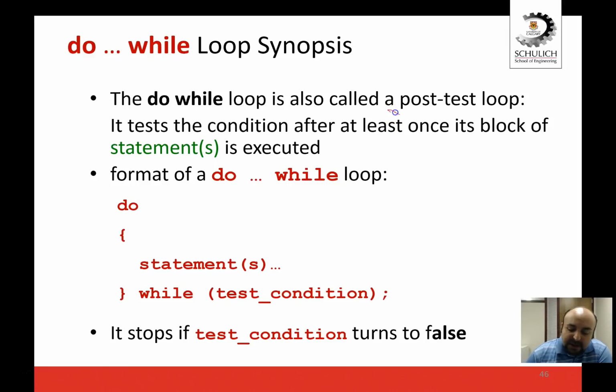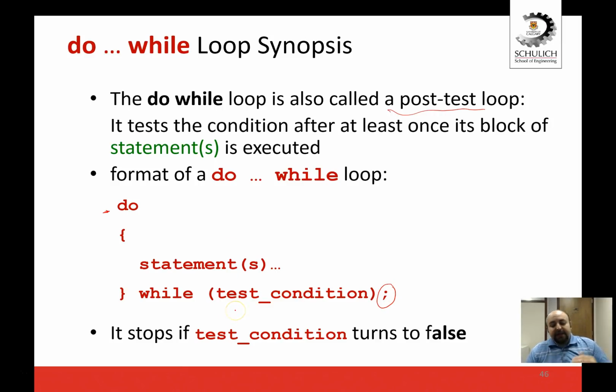It's a post condition or a post test loop, and the way it goes is that you have a keyword called do, and then you have your block, the statements go there, and then you have your while test condition, and you actually must have a semicolon at the end of do while. So the syntax is quite a bit different as well.